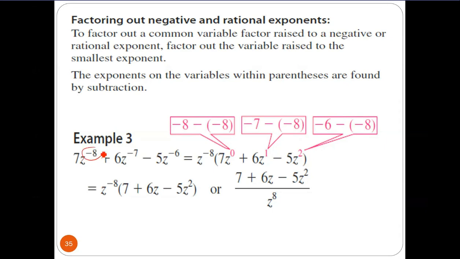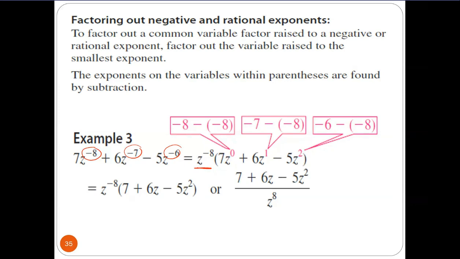Sometimes we have negative exponents, like negative 7, negative 8, negative 6. Also take the least exponent. What's the least exponent? Z to the power negative 8.